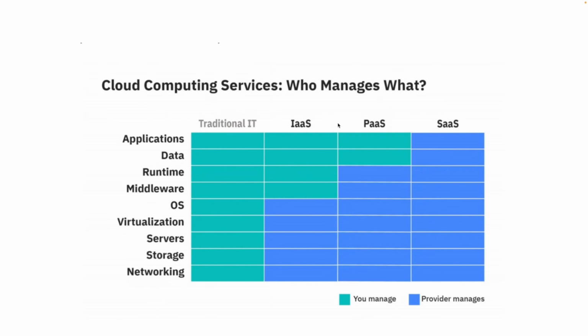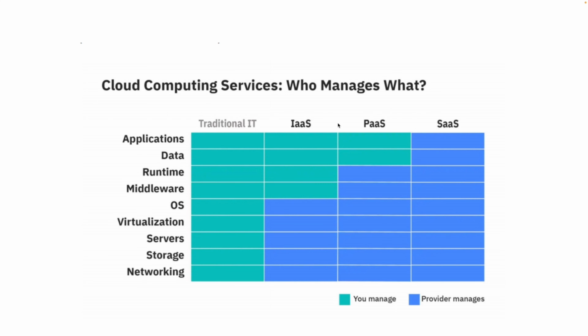So I will choose a platform as a service such as AWS Elastic Beanstalk. I'll just build the movie streaming application and directly deploy it on Elastic Beanstalk. So my application is completely managed by AWS, Amazon Web Services. So that is what platform as a service is.